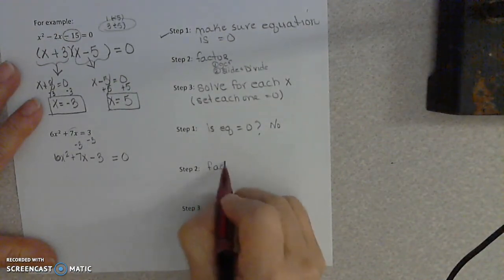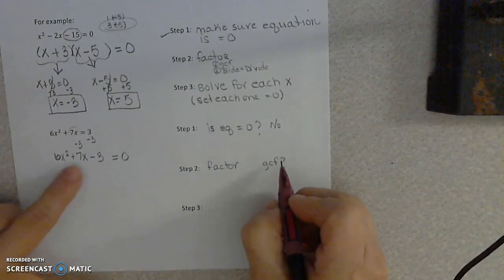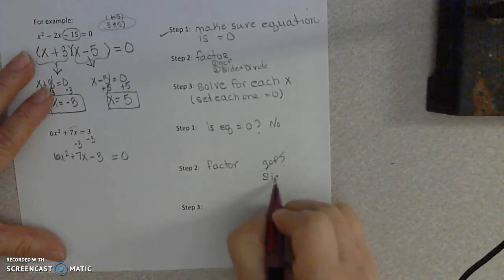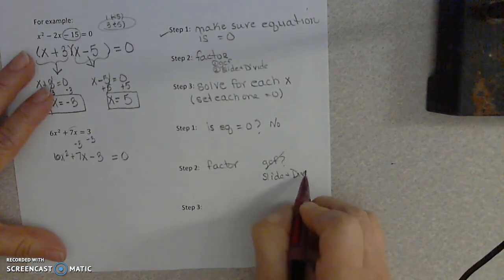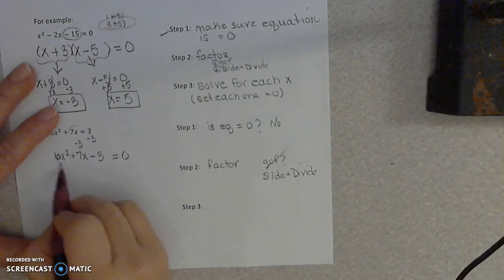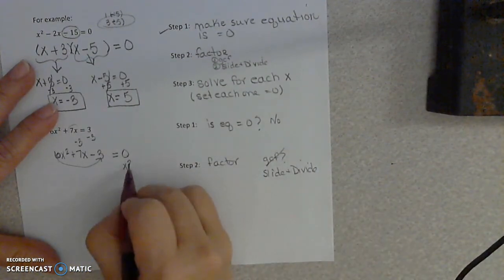So factor. Is there a GCF? 6, 7, and 3? No. Do I need to slide and divide? I do, because I have a number other than 1 right here. 6 times negative 3. Let me come over here and factor that real quick.